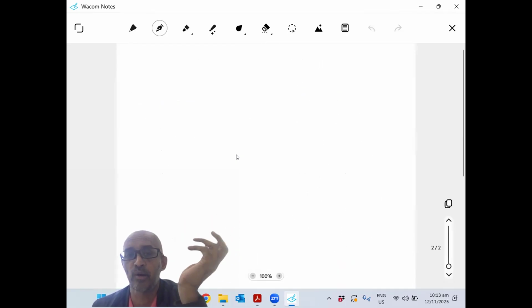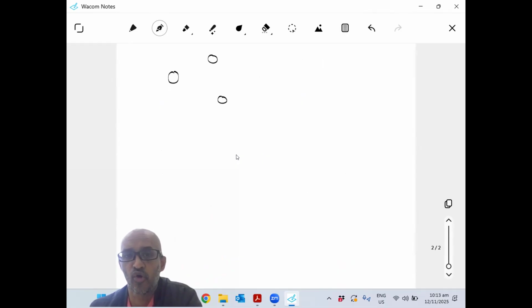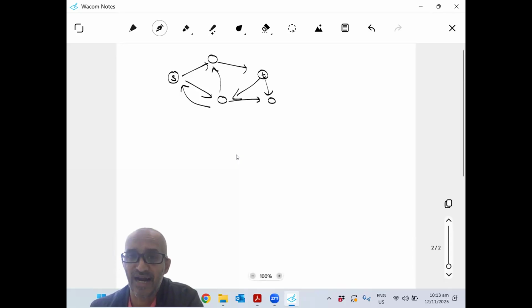The min cut problem, if you remember, is in the same network. If I give you a set of nodes, and let's say this is node S and this is node T, a min cut, in a given graph with edges going in whatever way, is a partition of this graph into a set of nodes.